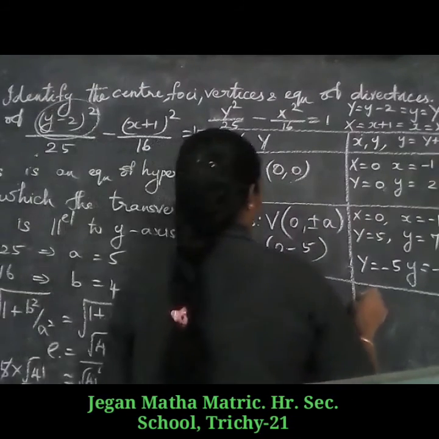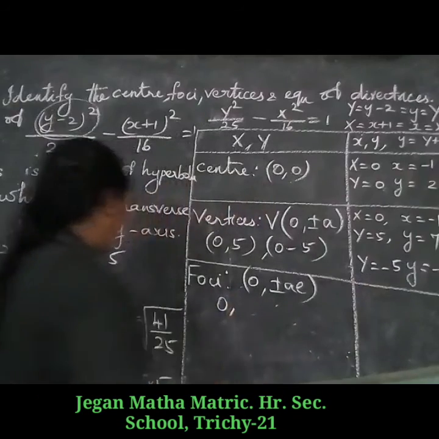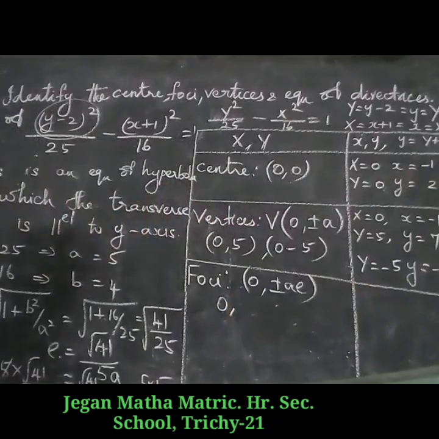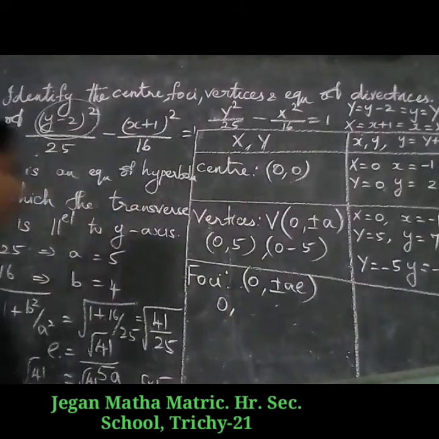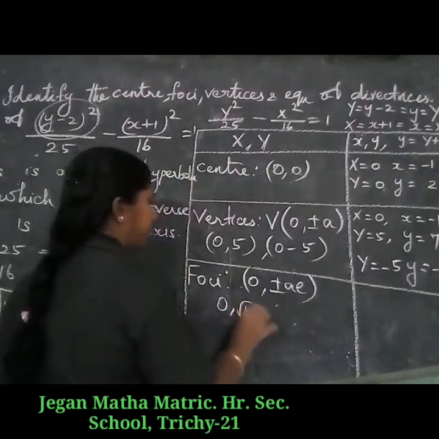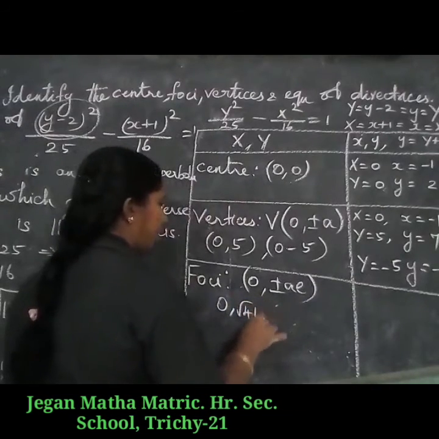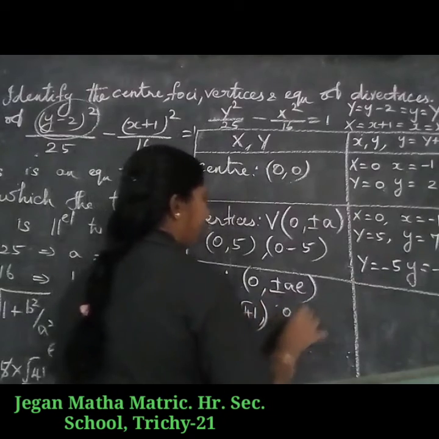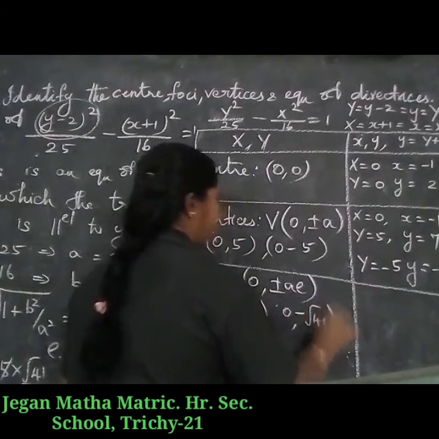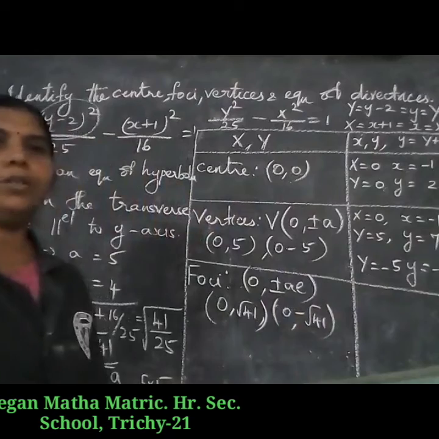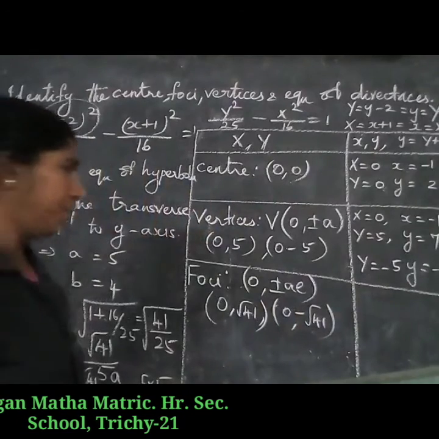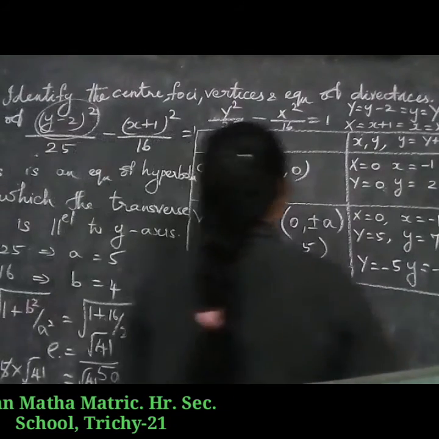Therefore, when X is 0, ae is equal to, already we got the value, root 41. 0 comma root 41 and 0 comma minus root 41. With these two values, now we have to find out the original focus.